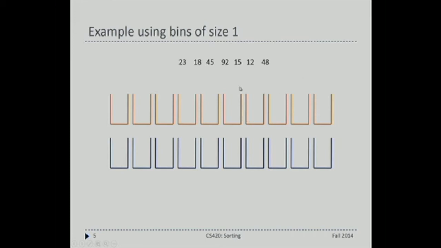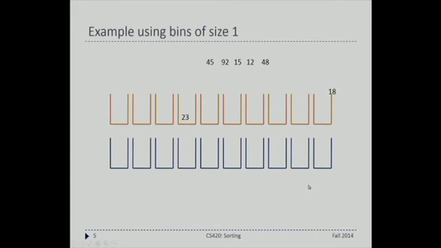So you take, say, 23, that's 3. Where does it go? This is 0, 1, 2, 3. So it goes there. And you keep them in the order in which they arrive. In the beginning, it doesn't matter. In the next phase, it will matter. Then 18, where should it go? Into that one here, right?